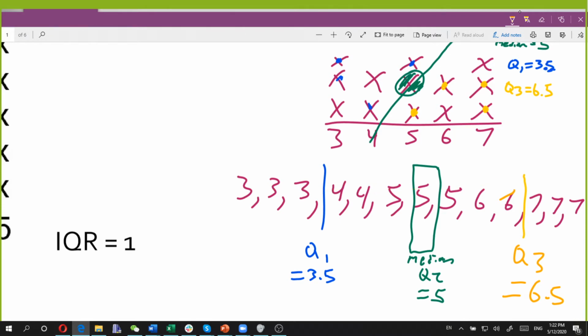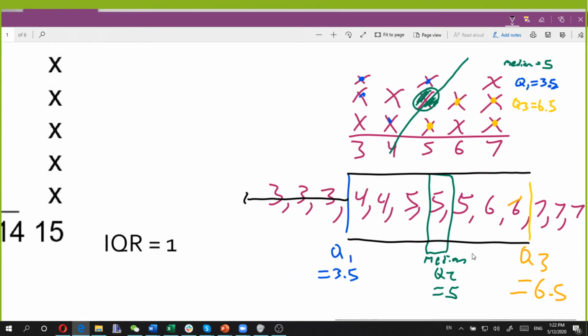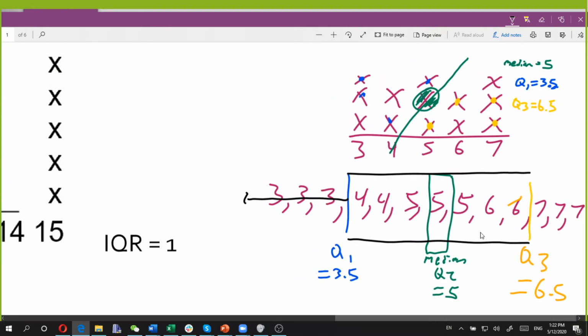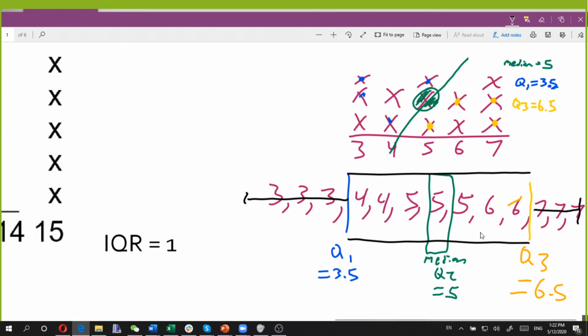Okay, if I was going to draw a box plot, my box plot would look like this. So that's my lowest number here at 3, and my highest number here at 7, my minimum and maximum. And then Q1 is the median of the lower half, Q3 is the median of the top half.